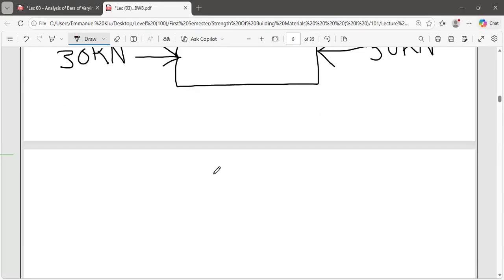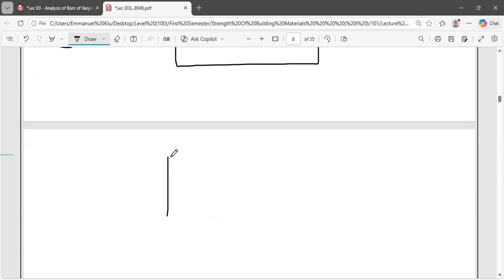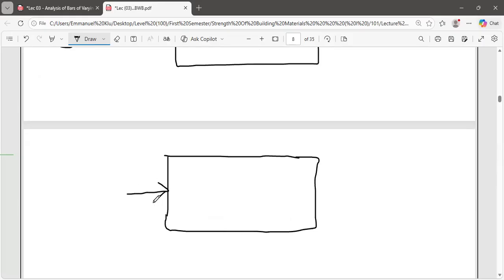So we can now draw the last one. The last one was also in compression. So this one was also 10 kilonewton, which is the same as 10 times 10 exponent 3 Newton.